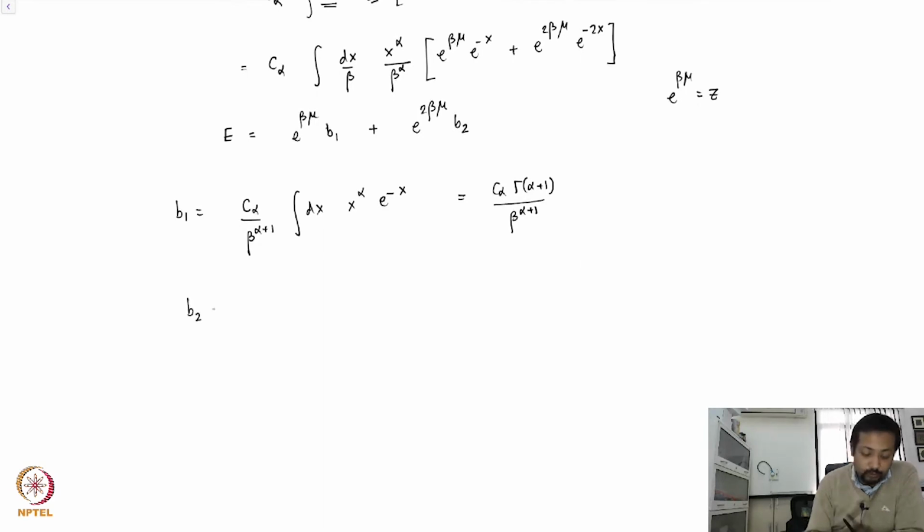Similarly, b2 is going to be c_α β^{−(α+1)} ∫dx. All the limits are between 0 to infinity, so let's not forget that.